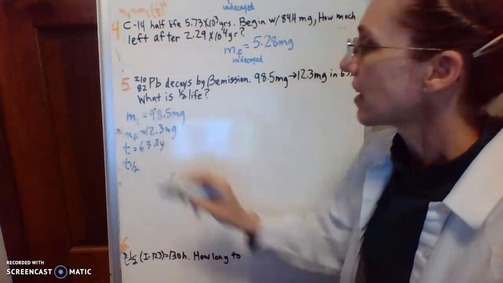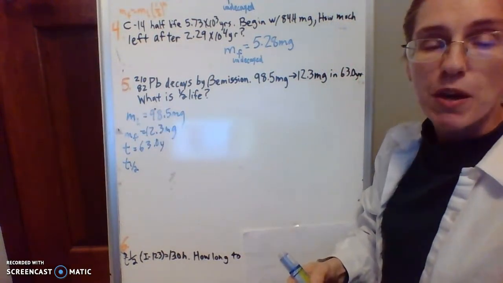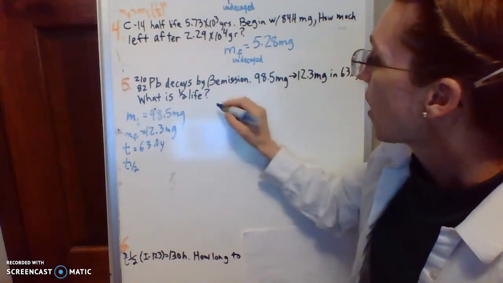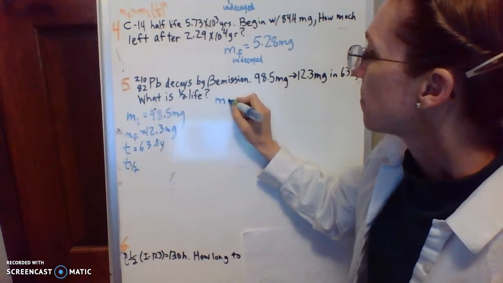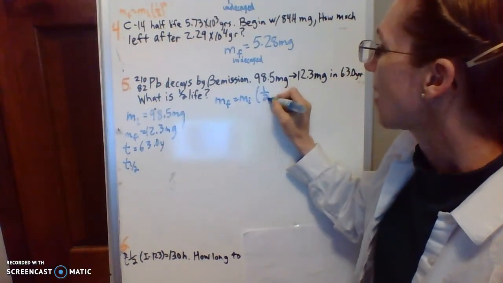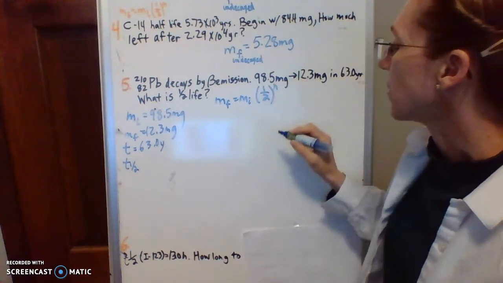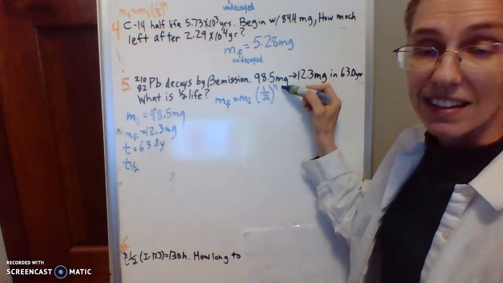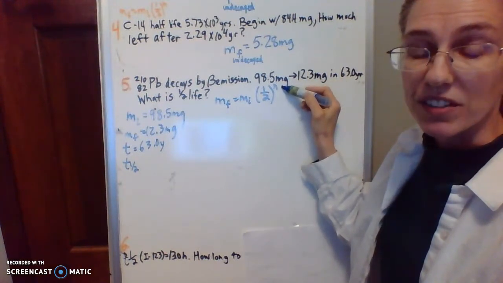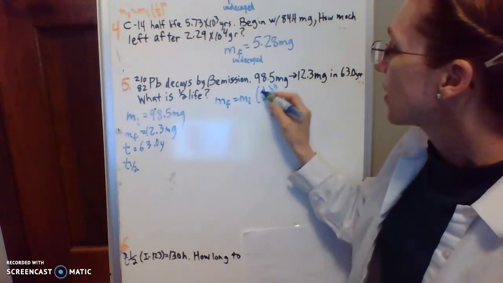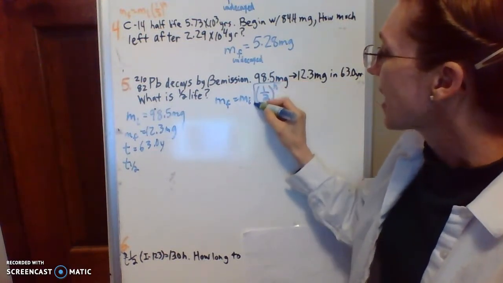So here we're going to use that equation, but we have to now solve for the half-life. So our equation starts off as mass final equals mass initial times 1/2 raised to the nth power. Well, our half-life is in that n part of the equation. So we need to solve for n first. So first of all, we've got to get the term that has n in it.